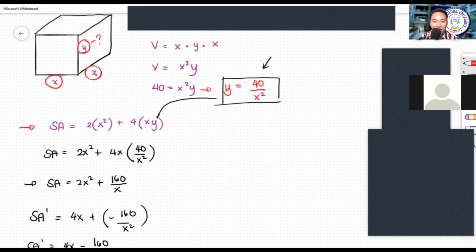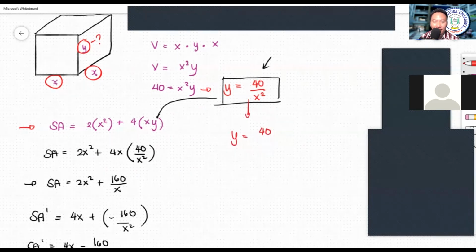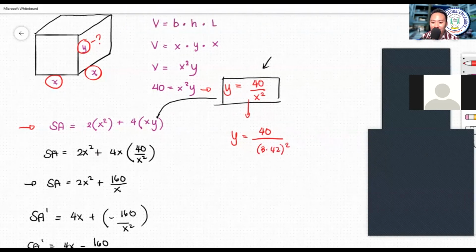Using this, y equals 40 over 3.42 squared, and that is approximately 3.42 still.